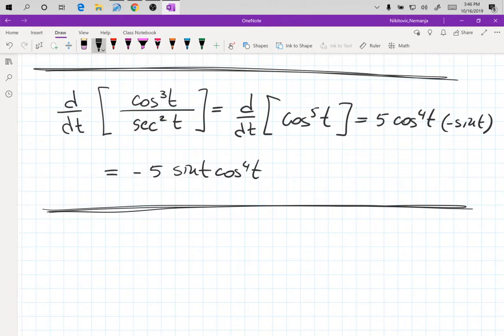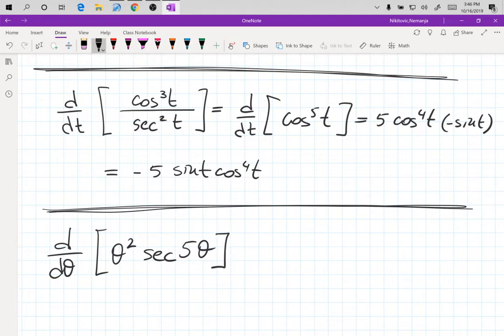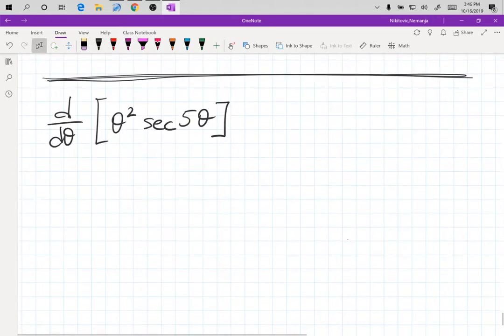Give me a number 57 to 68. 61. d/dθ of θ squared secant 5θ. This is the old edition of the book, so it doesn't match the new numbers. Doesn't matter. So there is a problem. Have fun.